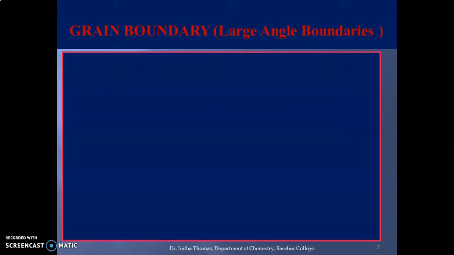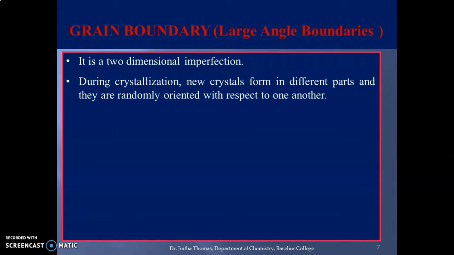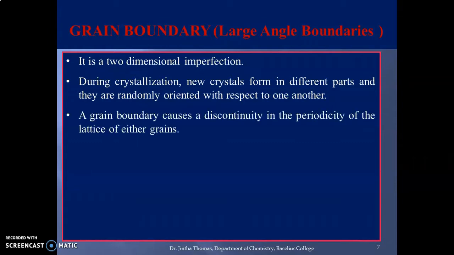Now let us summarize the general features of a grain boundary. A grain boundary is a two-dimensional imperfection. During crystallization, new crystals form in different parts and they are randomly oriented with respect to one another. A grain boundary causes a discontinuity in the periodicity of the lattice of either grain.